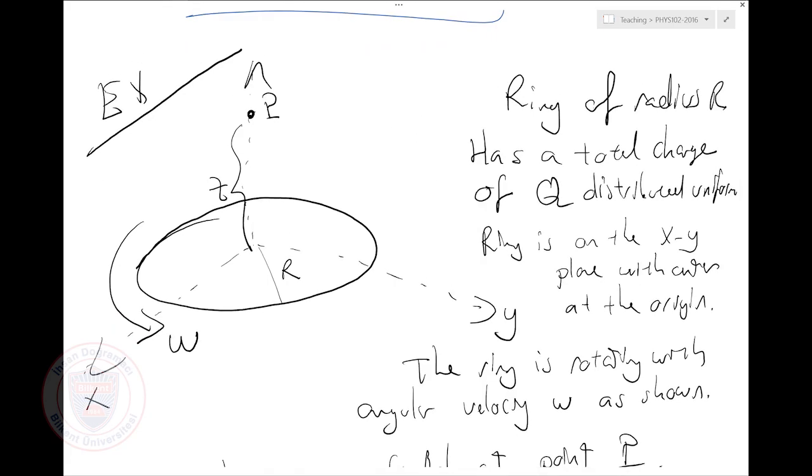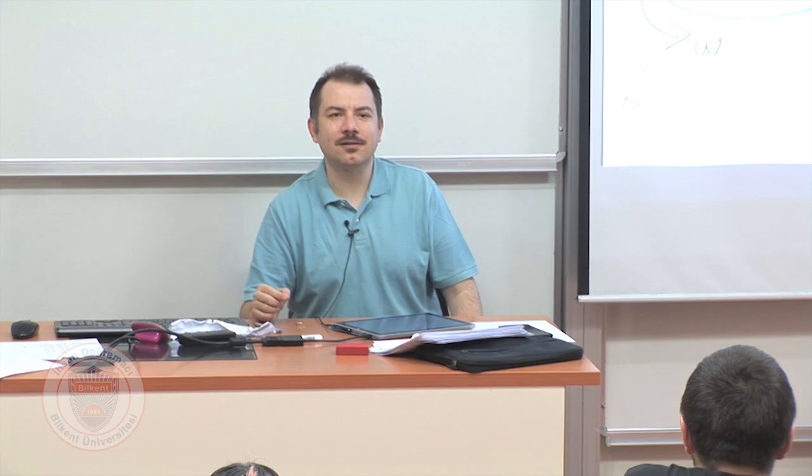Now, does everyone understand the geometry? So I have a ring on the XY plane, but it's charged electrically. Let's say it's an insulator which carries this charge distributed uniformly on it.